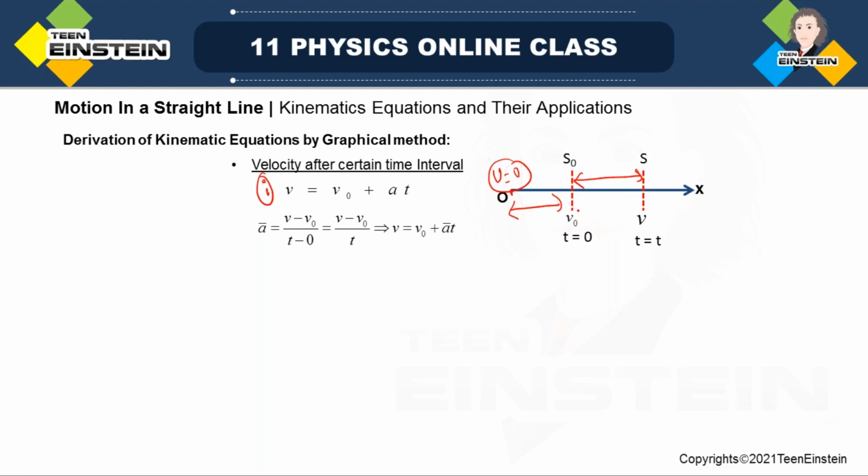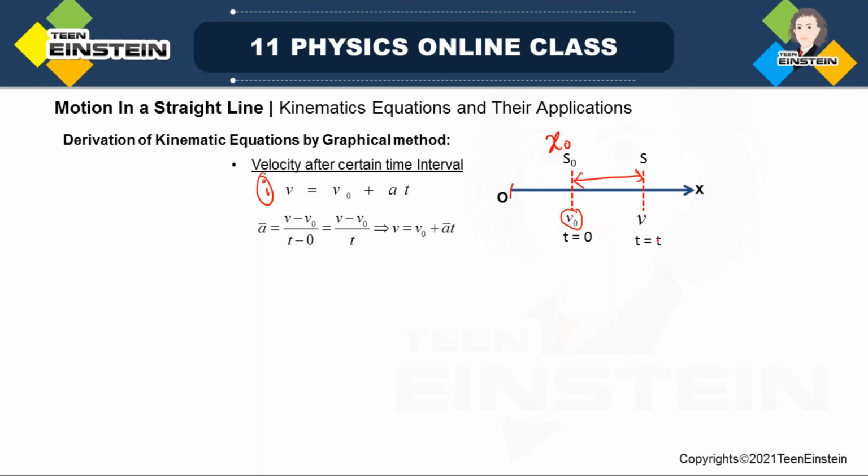So when I start observing the object, I have set my stopwatch at t equal to 0, and at that particular instant the object already has v0 velocity. This is called initial velocity. And suppose the initial displacement from the origin is s0, or you can just take x0 also.